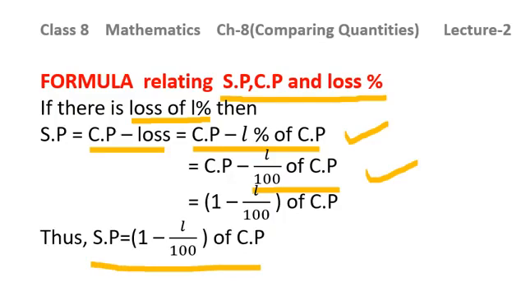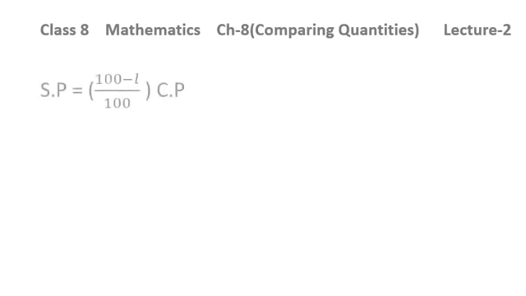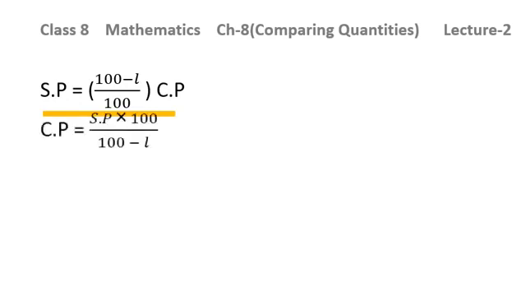Now if I need to find the formula in terms of CP, how will I do it? I need to solve the bracket as we have done in the previous case. After solving the bracket, it will be SP is equal to 100 minus L over 100 into CP. Then CP is equal to SP into 100 over 100 minus L. So this is the formula in case of loss percent, SP and CP, in terms of CP.